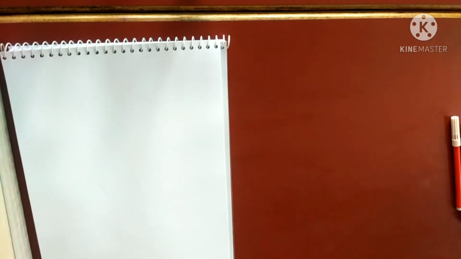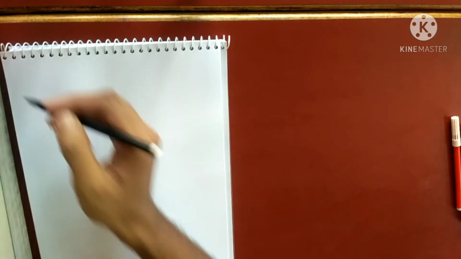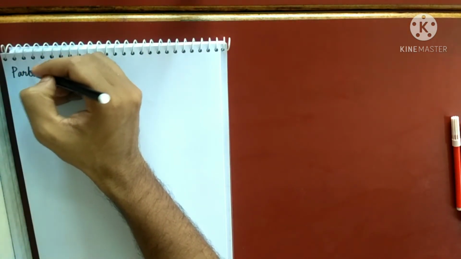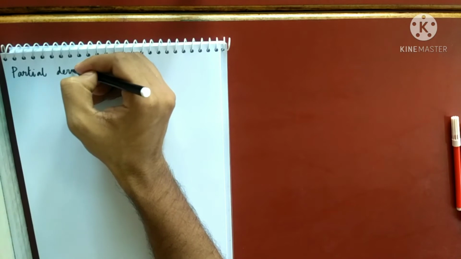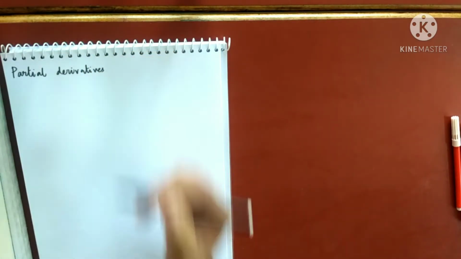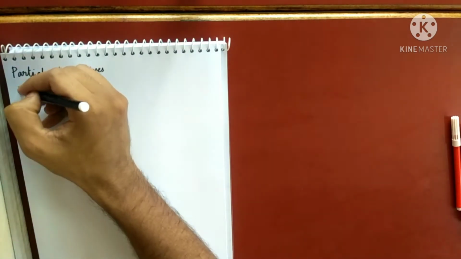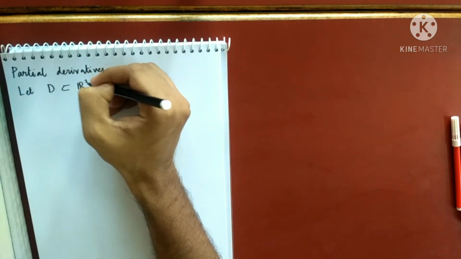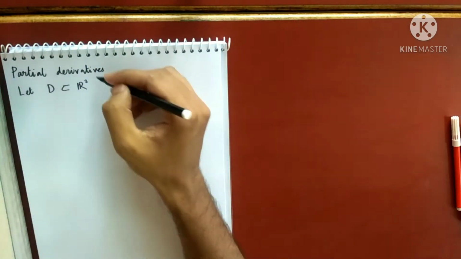Let me now define the partial derivatives. Okay. So we will differentiate but partially, that means by fixing one variable. So partial derivatives. Let D be a subset of R2. The notion can be introduced for Rn as well.